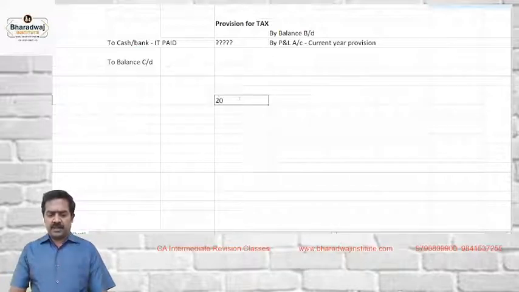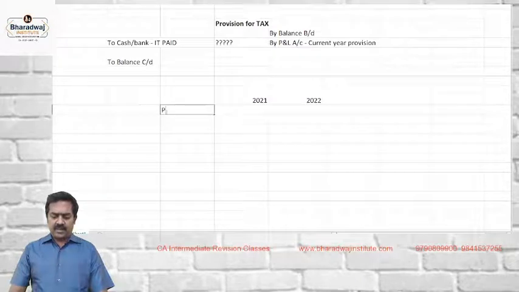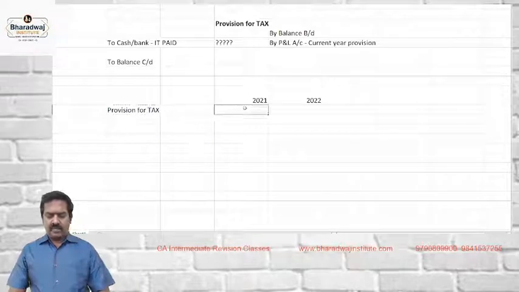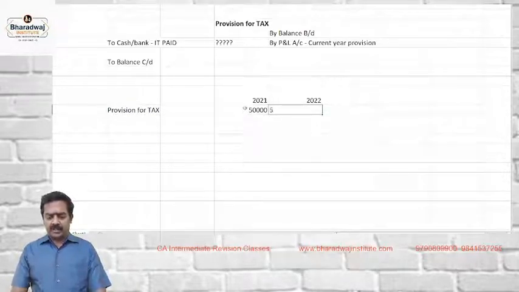Let us take up this problem, like the 2021 balance sheet and 2022 balance sheet are given. We are given provision for tax. They have given the opening balance as 50,000. Closing balance, let us take it as 60,000.